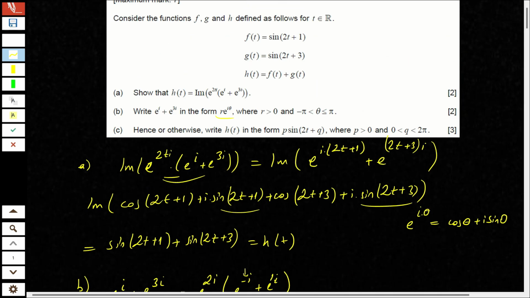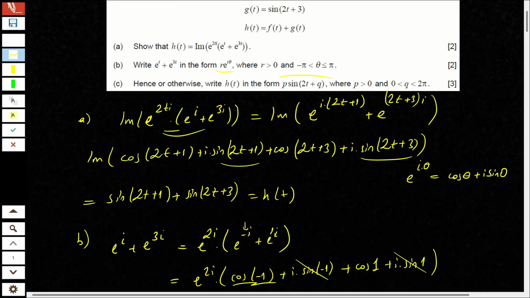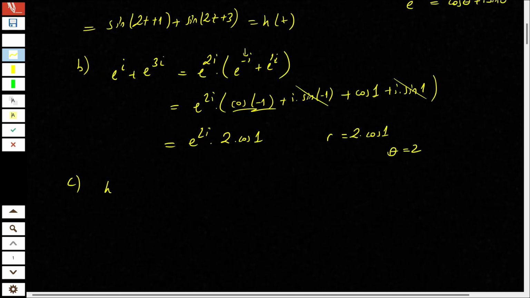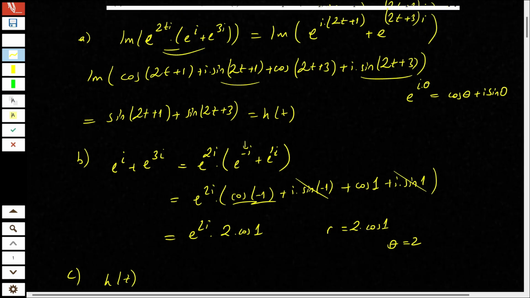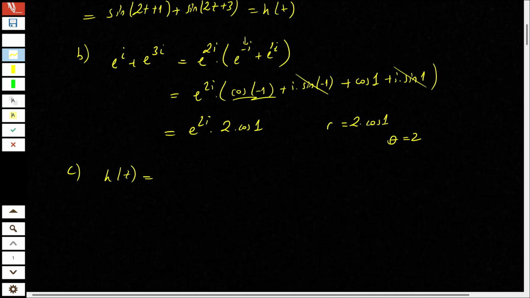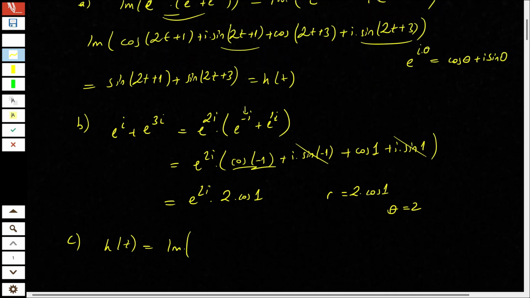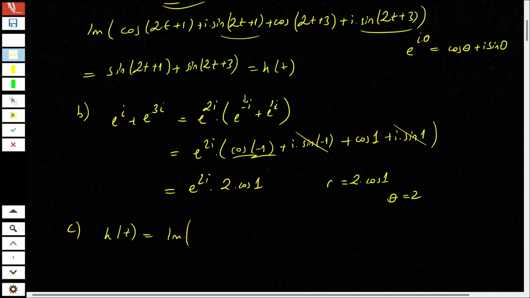At the last question, it hints to write h of t in the form p times sine of 2t plus q. We know that h of t equals the imaginary part of e to the power of 2ti times (e to the power of i plus e to the power of 3i), right?